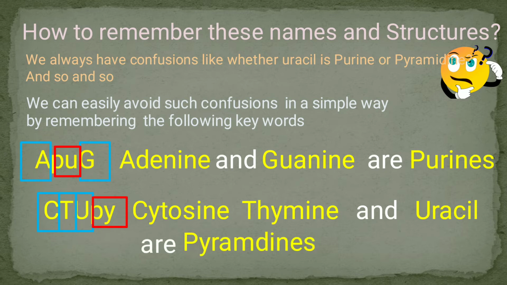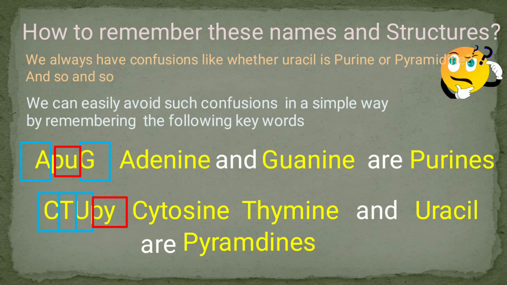CTP is a simple word because in our school days we got the punishment CTP, to sit up and run. If you remember the same word, you will remember the pyrimidines.